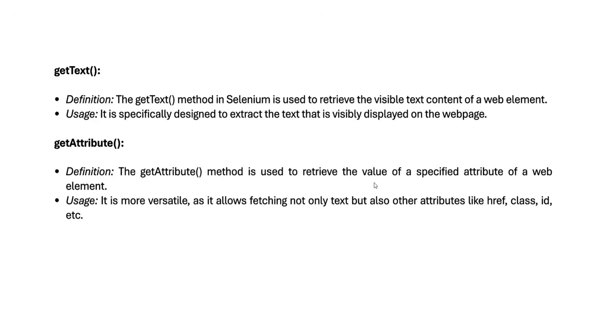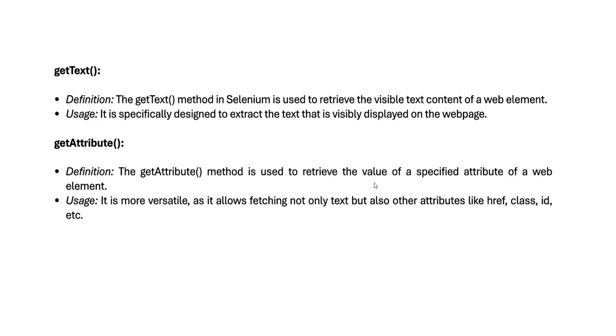And when is getAttribute used, and what is it? getAttribute is a method used to retrieve the value of a specified attribute of the web element. For example, you have something like href, the reference, or which class, or what is the ID. All these are attributes of a particular web element.